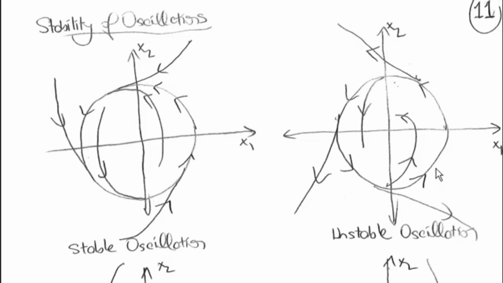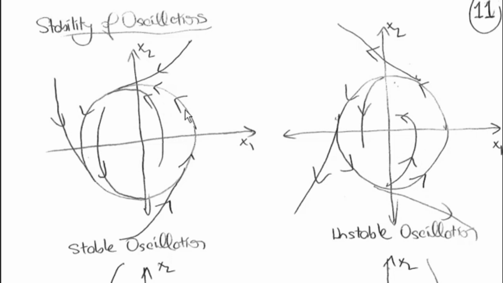But these two oscillations, in terms of stability, have different characteristics. The first oscillation we call a stable oscillation, and the second oscillation is called an unstable oscillation. And the reason is as follows.